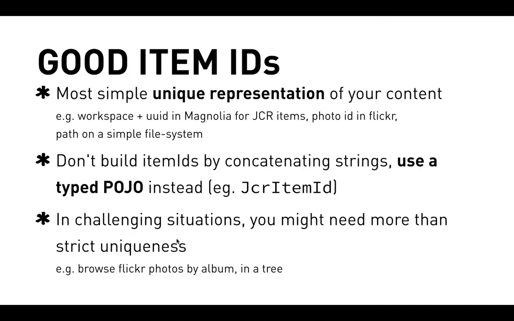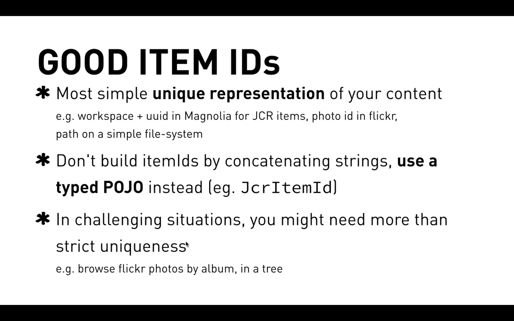That's it for that. There might be more challenging situations where you need more than strict uniqueness, depending on how you want to represent your data. Say, for example, photos in a Flickr album: they have a unique photo ID, but they might belong to multiple albums.